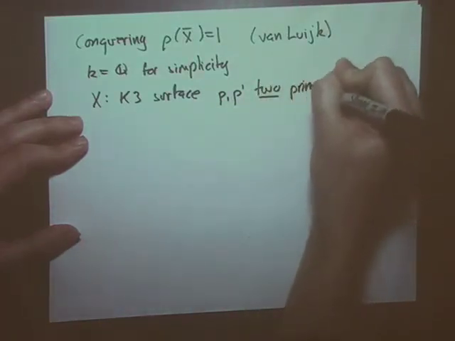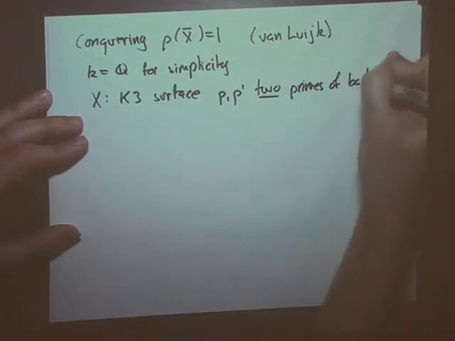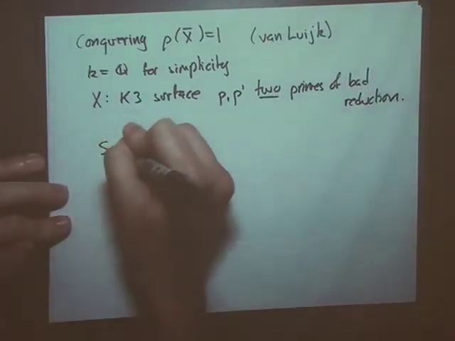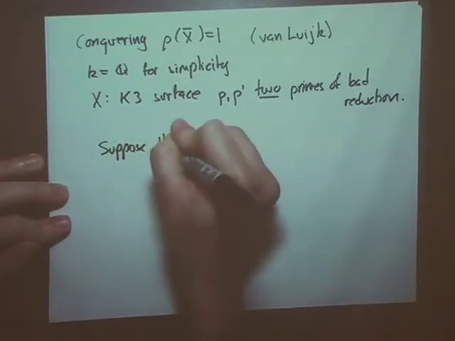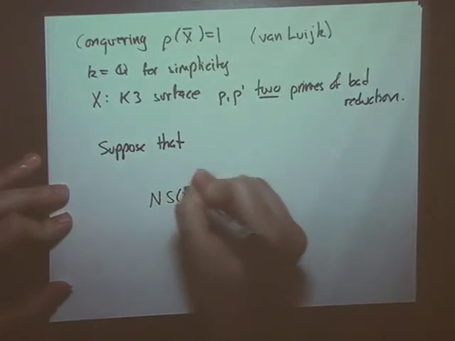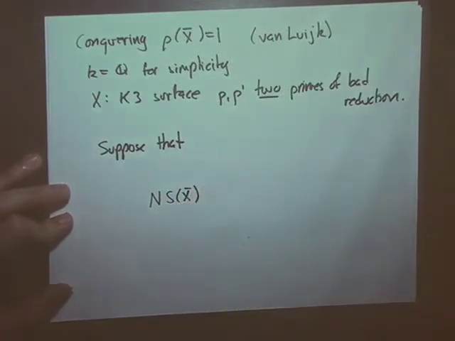So the idea is to use what we just learned, but do it twice, and look at how compatible the information is from 2 different primes. So here's the setup. Néron-Severi and Picard, they're the same, remember.